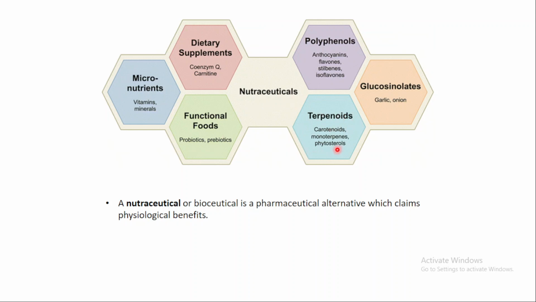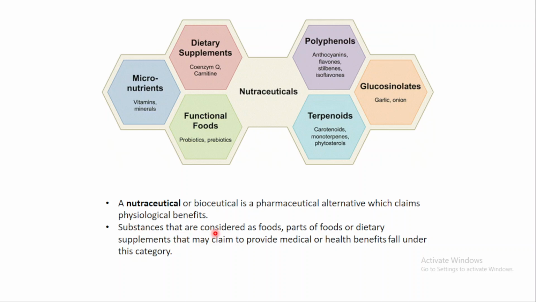Terpenoids, phytosterols, these are all again some of the nutraceuticals. Polyphenols, anthocyanins, flavones. So polyphenols, these anthocyanins, flavones are antioxidants which will help you fight the harmful reactive oxygen species. Glucosinolates, garlic, onion. So these are all part of nutraceuticals.